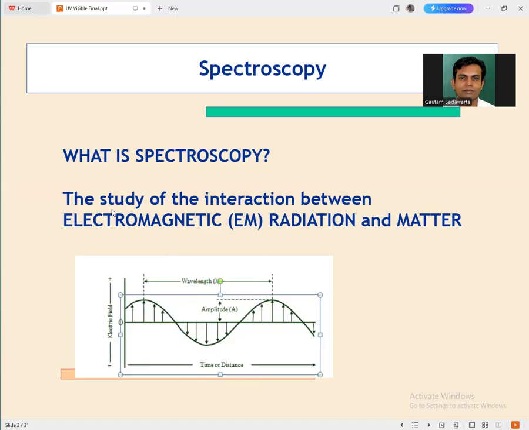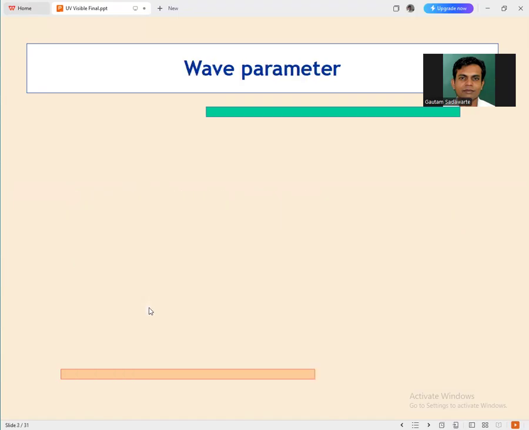And this wavelength is denoted by lambda. Generally, wavelength is measured in nanometers. And the maximum distance from the point of propagation is called the amplitude.